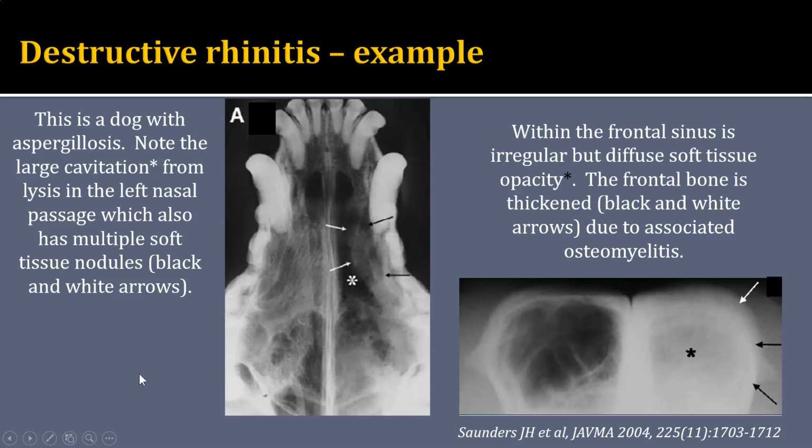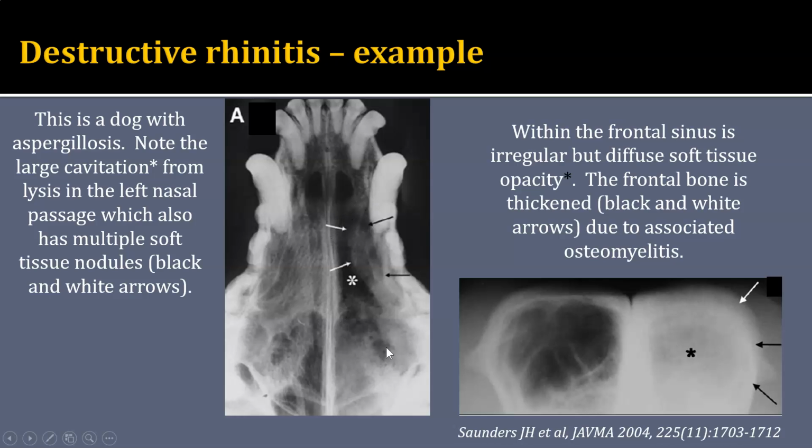Here's an example, just two of the views, in a dog that has aspergillosis. One thing that is a little bit different about aspergillosis is that the most common feature includes a lot of lysis, almost cavitating lysis of the conchae, and maybe some punctate lucencies of the bone. So in our open mouth ventrodorsal view, the right side is normal, so this patient has unilateral disease.